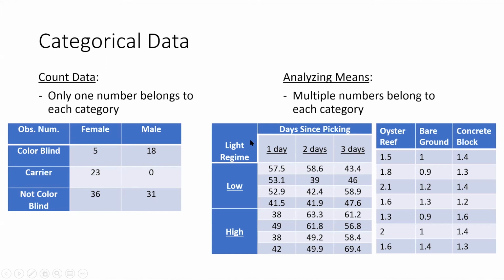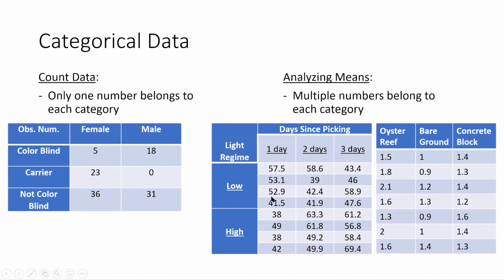Same for over here, right? In this example, we're looking at light regime and days since picking. I can't remember exactly what this experiment is supposed to be, but we have 2 light regimes and 3 days since picking, and we have several numbers in each category. And this immediately tells me that we're going to be analyzing means.